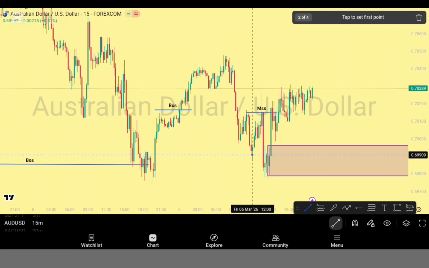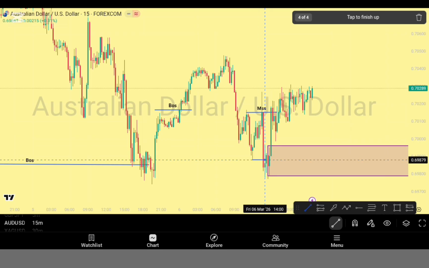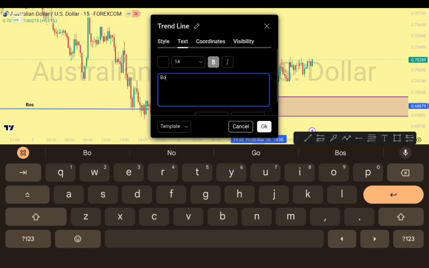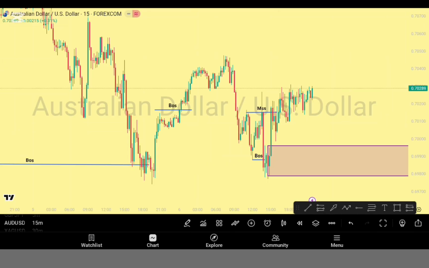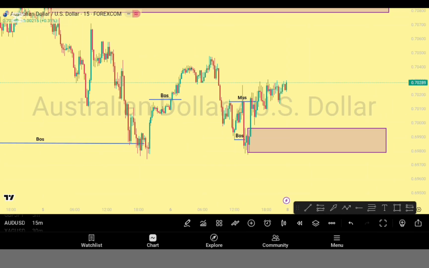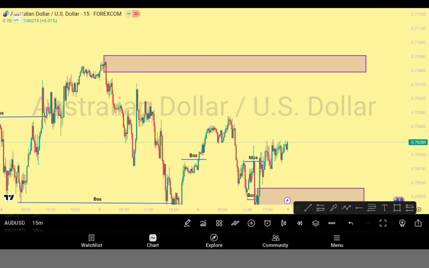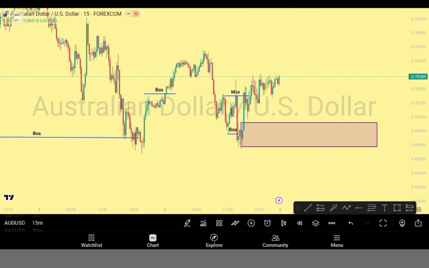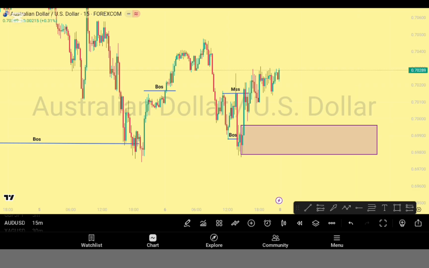Why I call that a market structure shift was because of this. So this is where I'm waiting for price. So wait for a buy here.